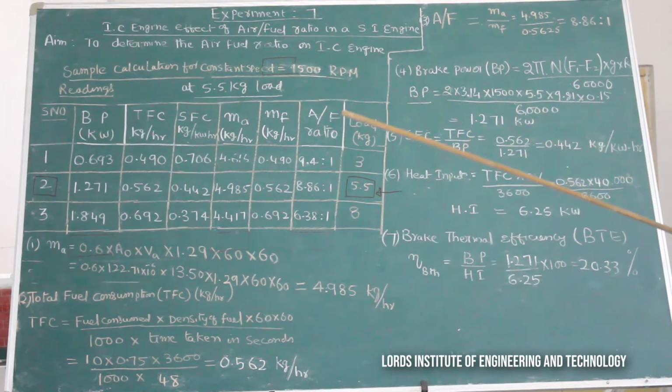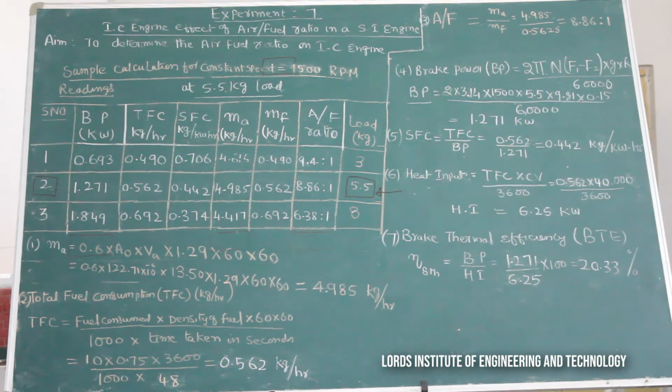Then I can calculate the heat input. Heat input is nothing but the total fuel consumed into the calorific value. If I divide it by 60 into 60, I get it in kilojoule per second, or kilowatt. Okay. So here I am using this. We know that the calorific value of the fuel I have taken in this experiment is equal to 40,000.